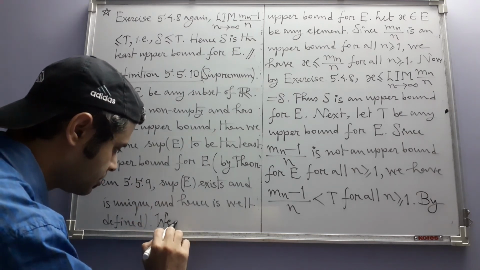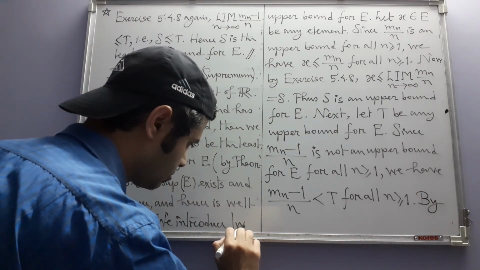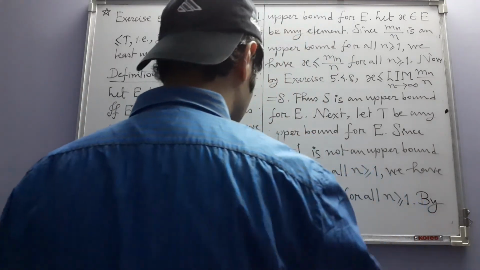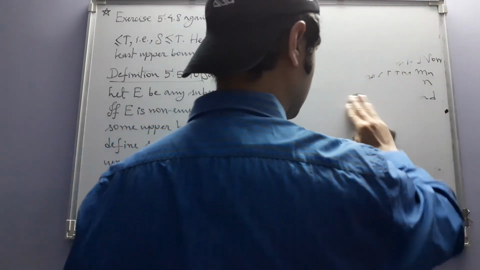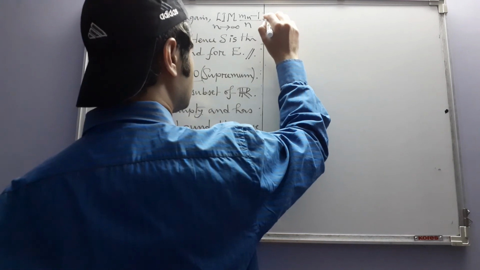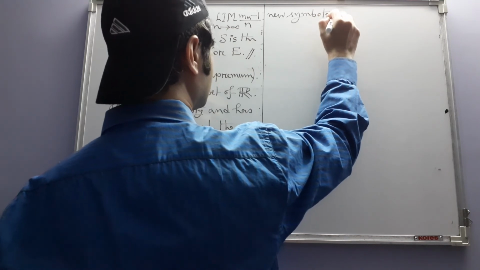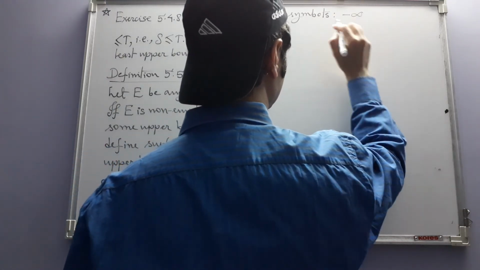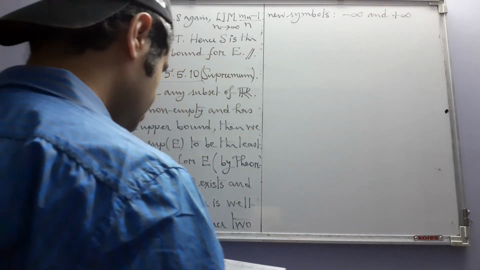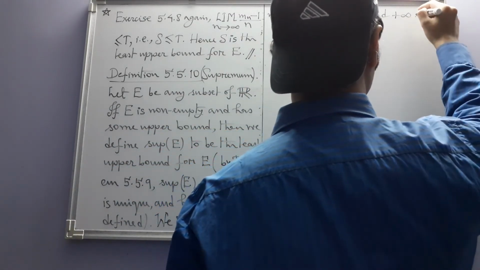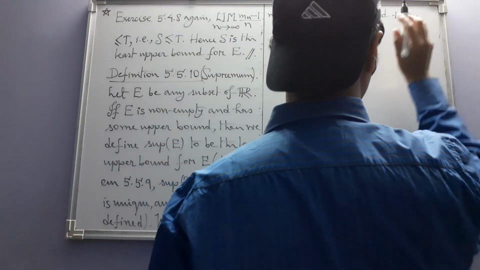We introduce two new symbols, minus infinity and plus infinity, which of course are just some abstract symbols as of now.